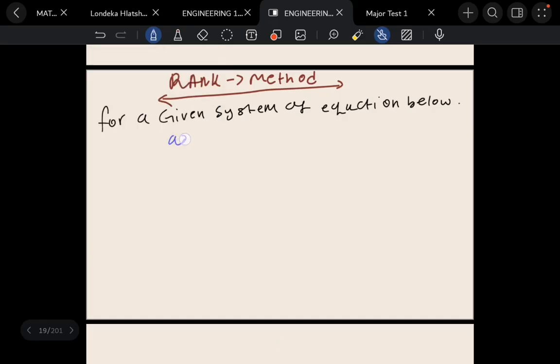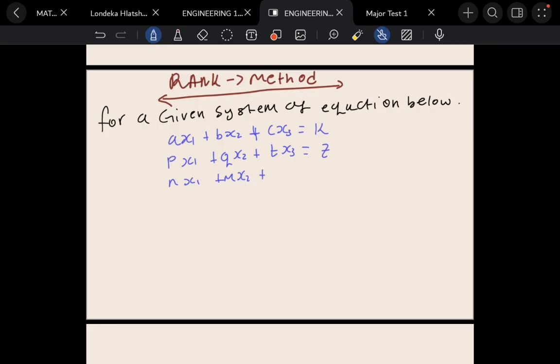If I say it's a x1 plus b x2 plus c x3 is equal to k, p x1 plus q x2 plus t x3 is equal to z, and then n x1 plus m x2 plus s x3 is equal to v.